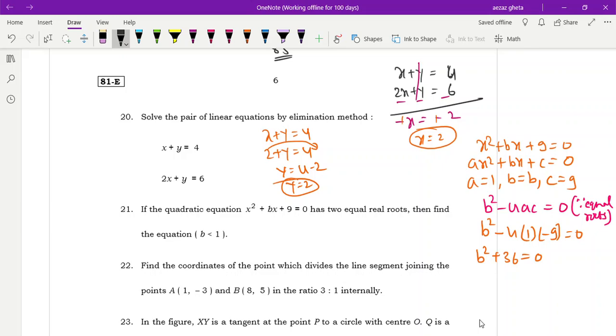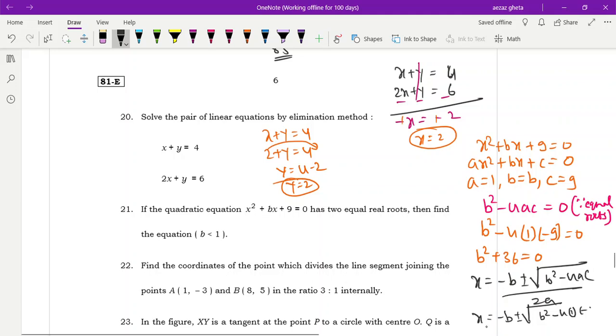Or else we can use the formula x equals minus b plus or minus root of b square minus 4ac, whole divided by 2a. So x is equal to minus b plus or minus root of b square minus 4, a value 1, c value plus 9.